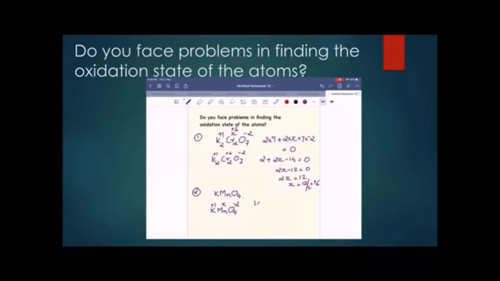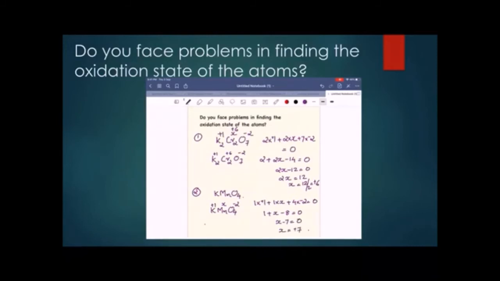So 1 potassium atom, so 1 into +1, 1 manganese, we do not know its oxidation state, we consider it as X, 4 oxygen atoms, 4 into -2, total 0. 1 plus x minus 8 equal to 0, x minus 7 equal to 0, x equal to +7.